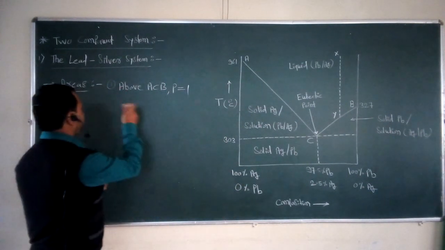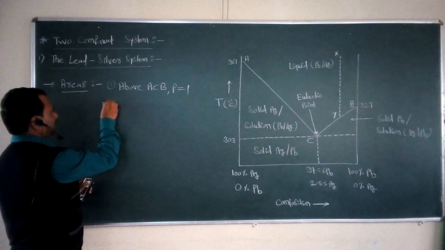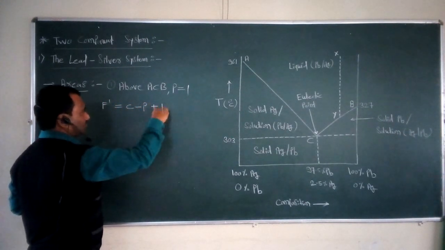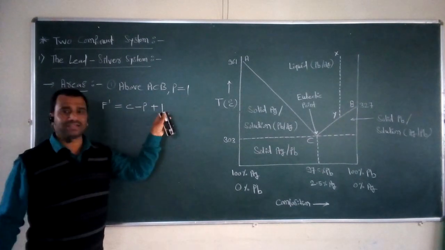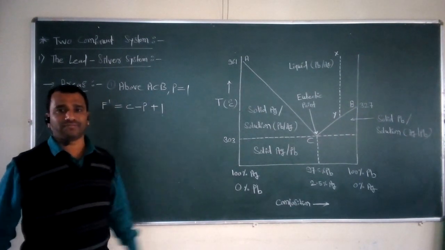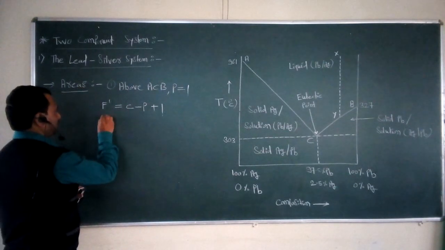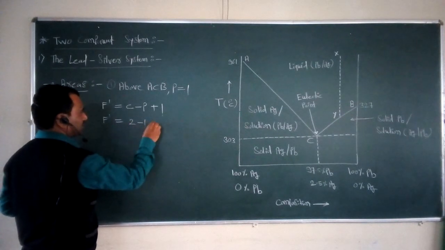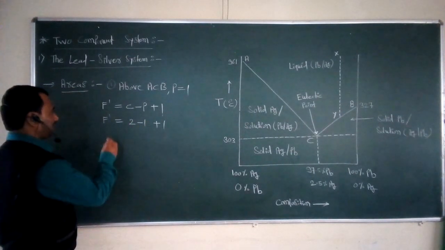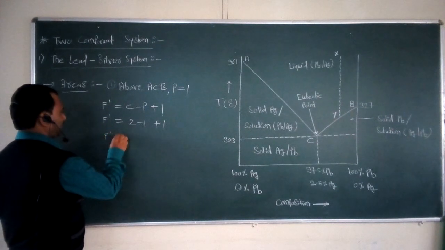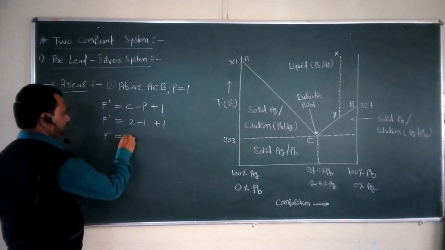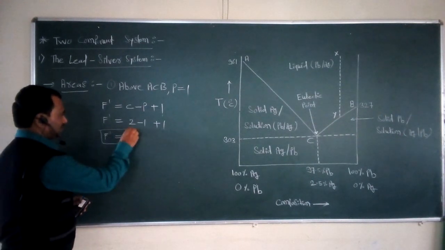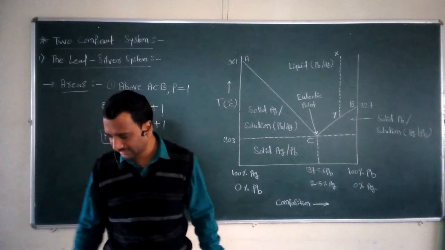Now, if we apply the reduced phase rule equation, F dash is equal to C minus P plus 1, not 2. In this case we have to take 1 because it is a reduced form of the phase rule equation. Now, if we insert these values, components equal to 2, phases equal to 1, plus 1, what happens? F dash comes out to be equal to 2.